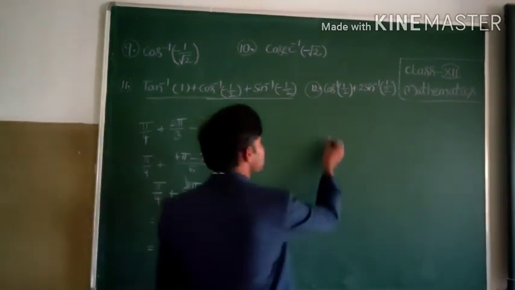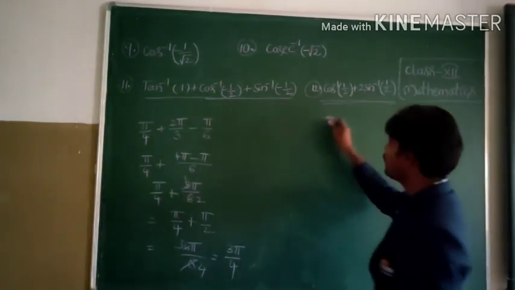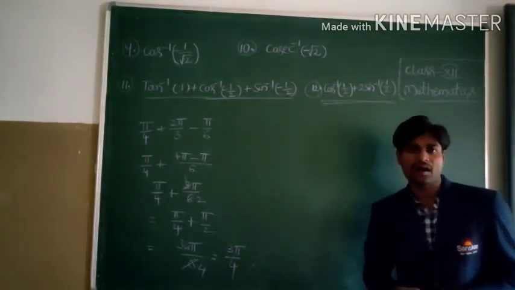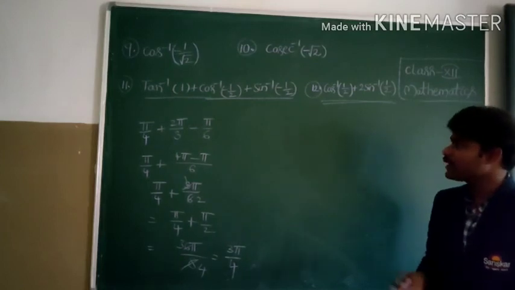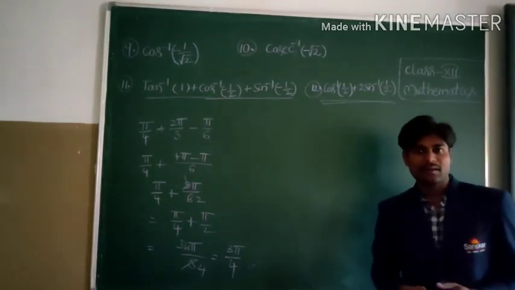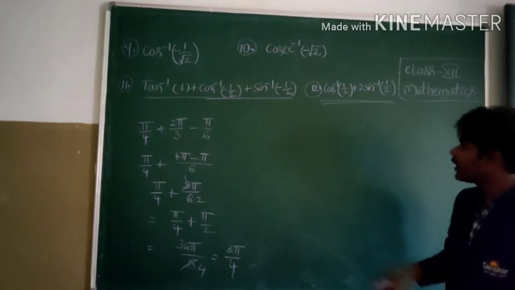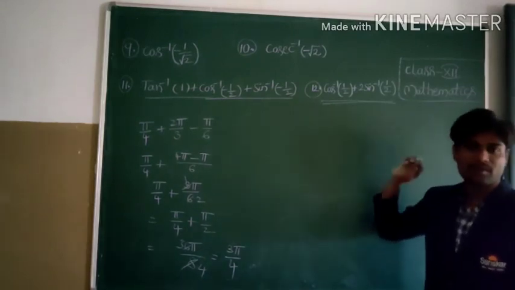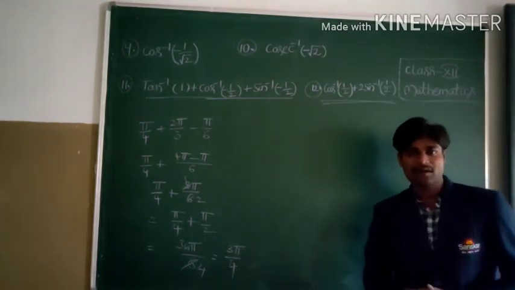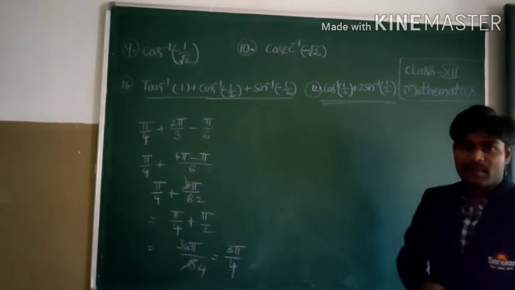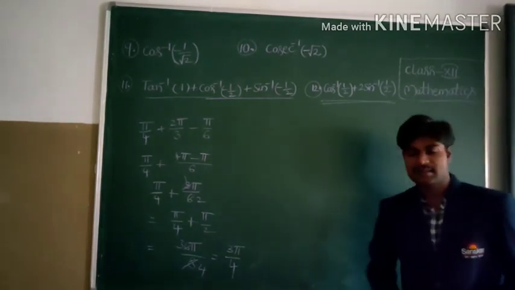The 12th problem is homework, and the remaining 13 and 14 are objective problems, so you can easily answer those two. Along with that, you have to solve the 12th problem also. Okay, we'll meet in the next session. Thank you.